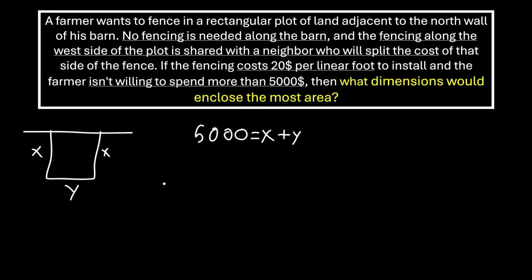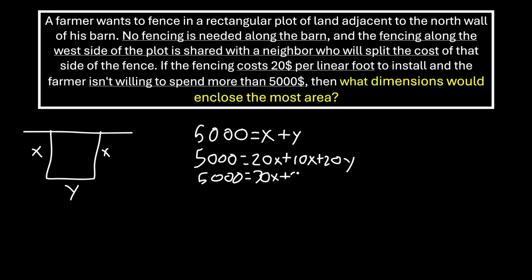So our constraint function should look like 5,000 equals 20x plus 10x plus 20y, which can be simplified to 5,000 equals 30x plus 20y.